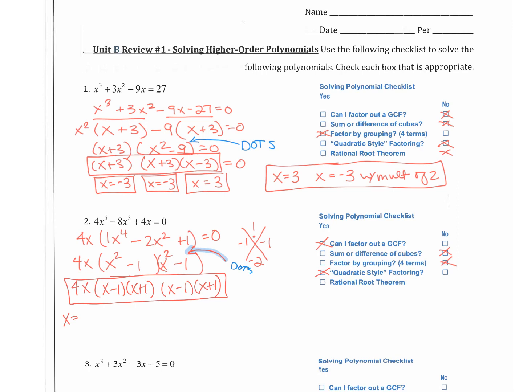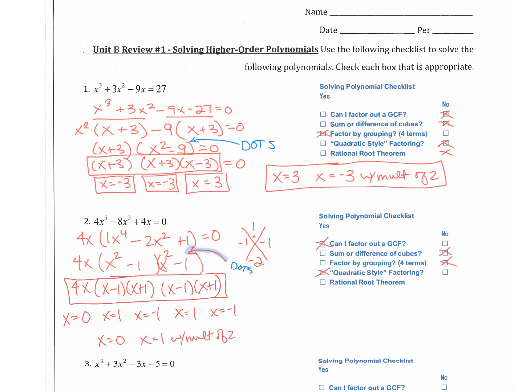So my 4x gives me a root of 0. Anytime you have an x alone on the outside, I know that one of my zeros is x equals 0. I have x equals 1, x equals negative 1, another x equals 1, another x equals negative 1. So it looks like my answers for this are x equals 0, x equals 1 with a multiplicity of 2.